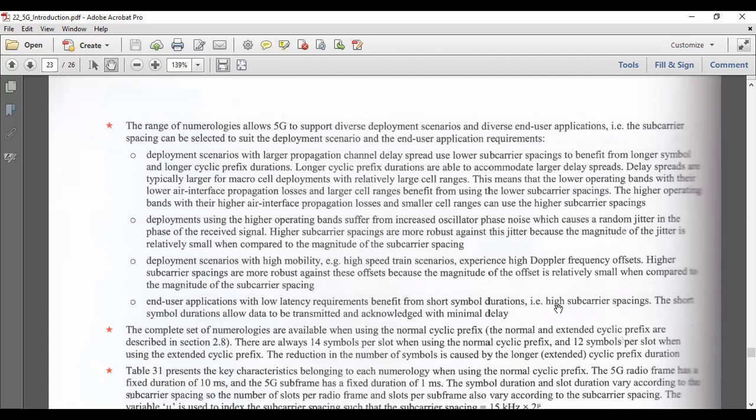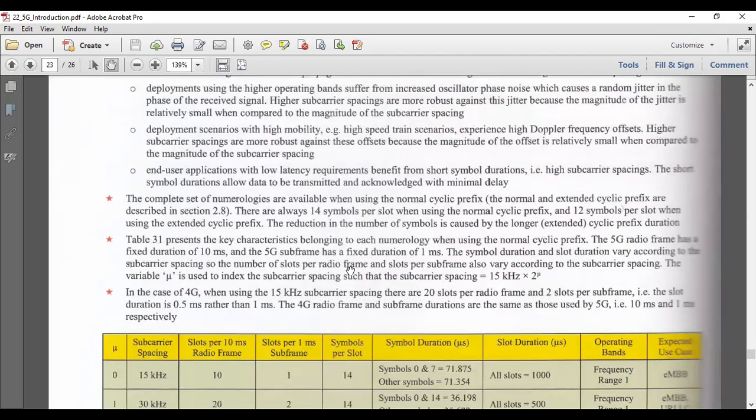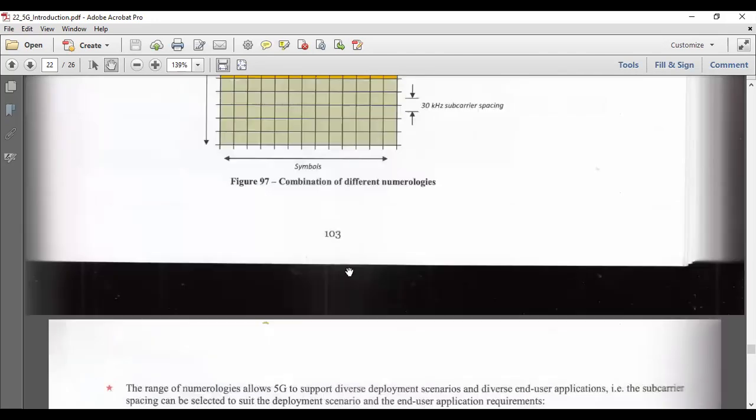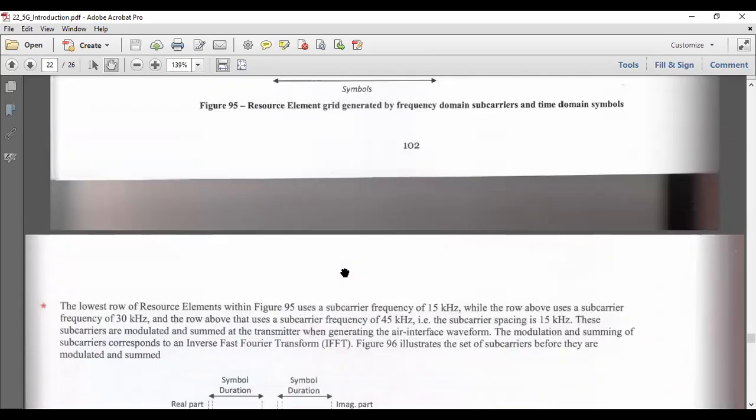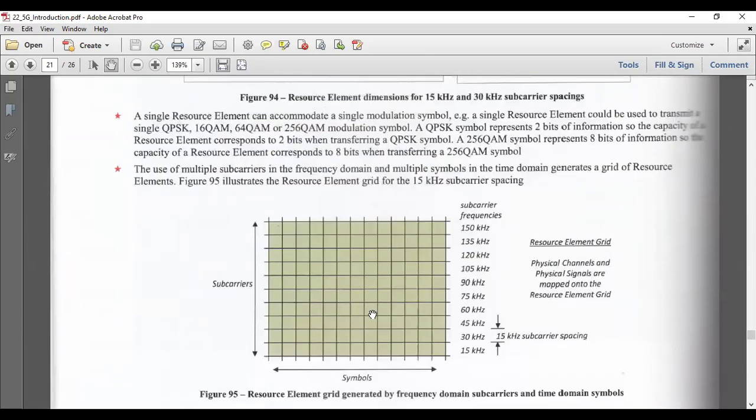When you use high subcarrier spacing, if you have to send a particular number of symbols, you can quickly finish transmitting them if your symbol durations are shorter. So for low latency requirements, you can go for it. These are called numerologies. So these are the numerologies available.